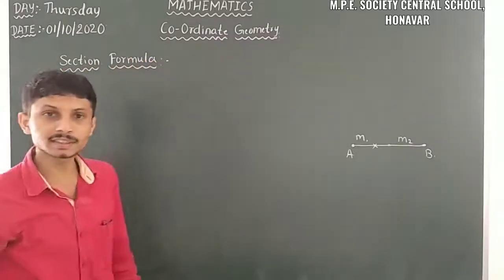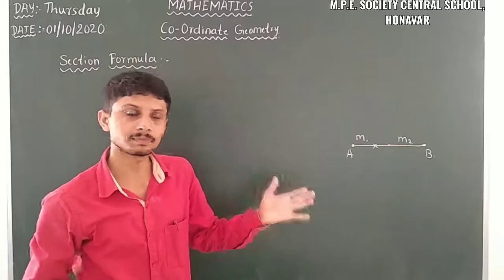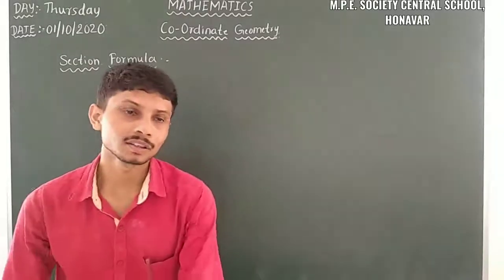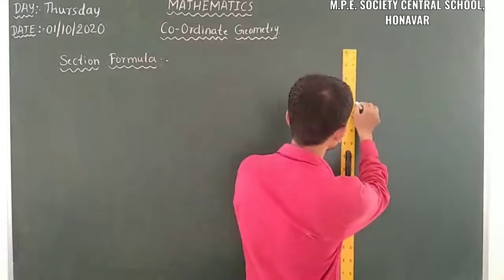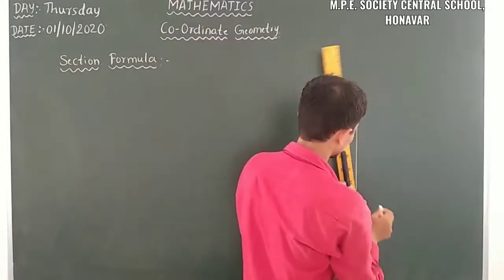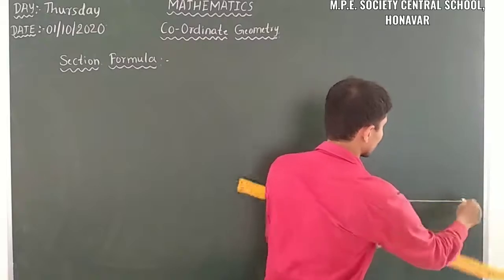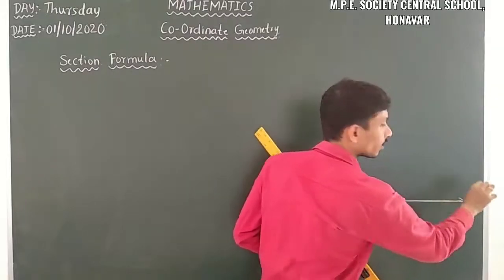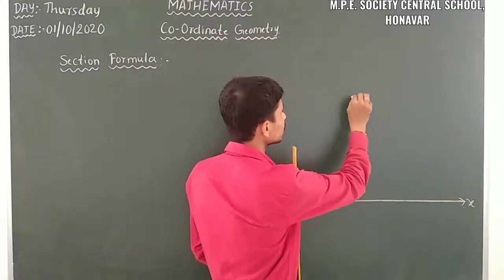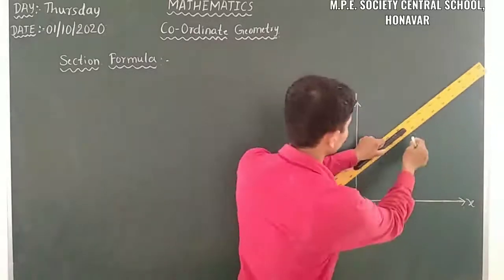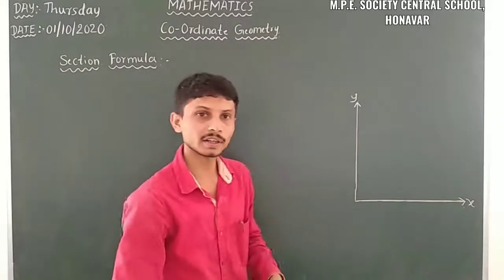Let us consider this case in a Cartesian plane. I will construct a Cartesian plane here. This is the vertical axis and this is the horizontal axis. This axis is known as the x-axis and this axis is known as the y-axis. Then let us locate a point here.